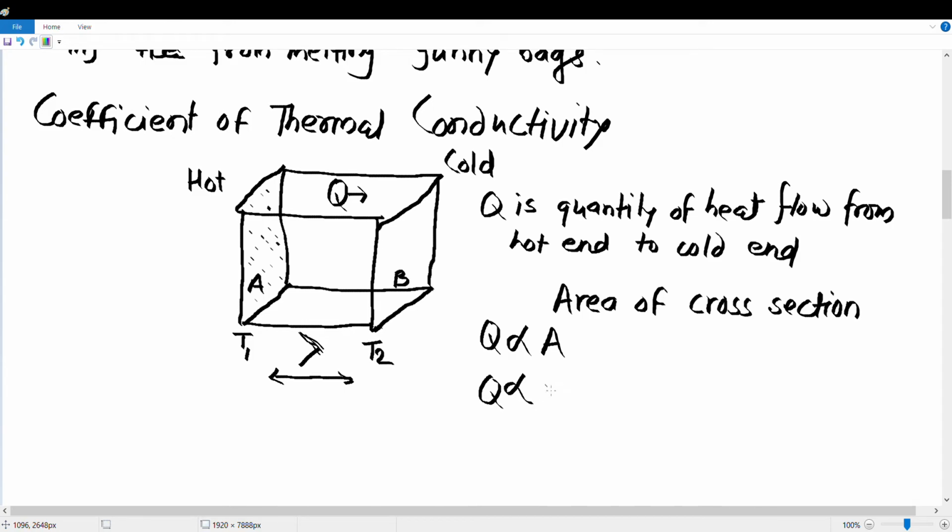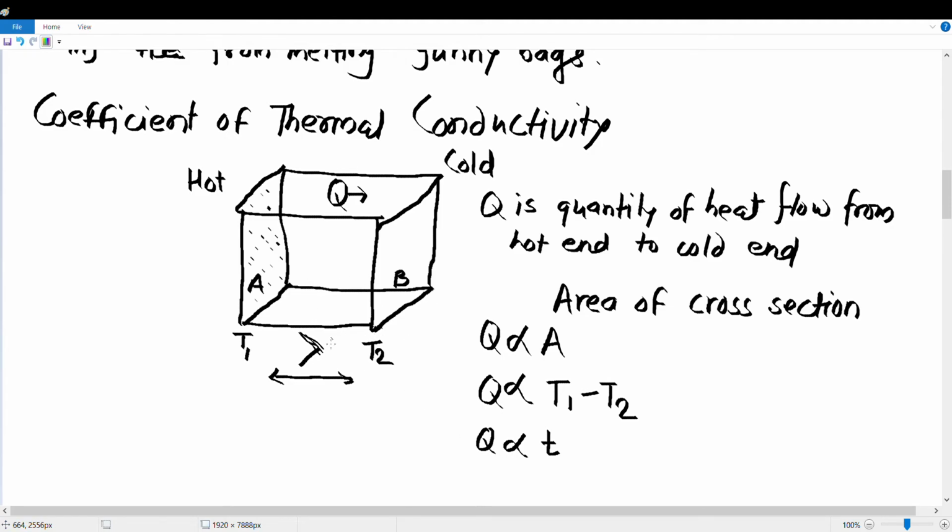So this Q is directly proportional to the temperature difference between the two faces. And the third parameter on which heat depends is the time interval for which the heat flows.